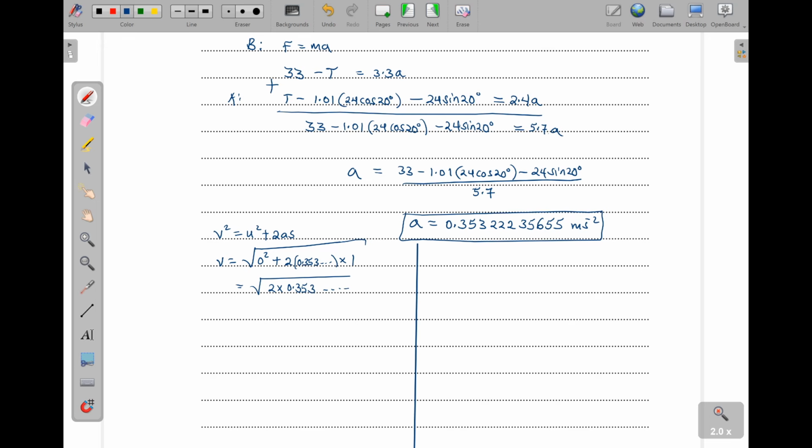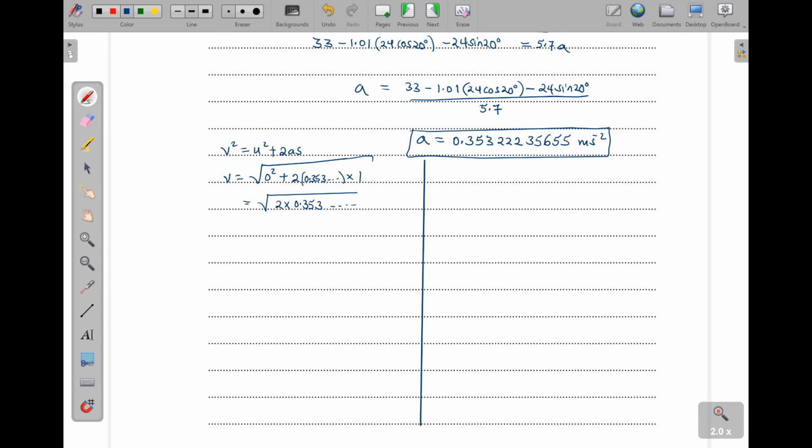Then after that, let's look at the final movement when the tension is equal to 0. Okay, when the string is slack, that is after B reaches the ground and remains there.